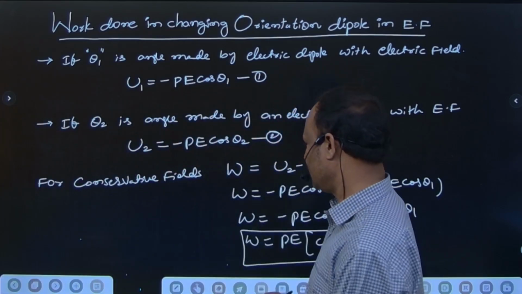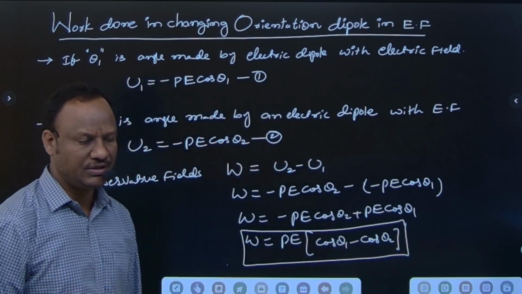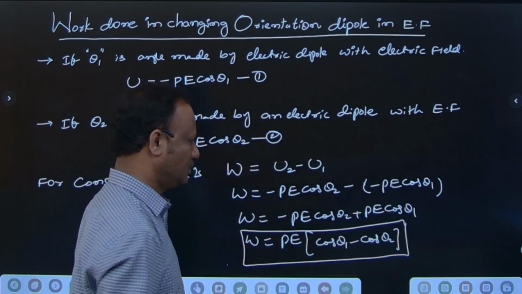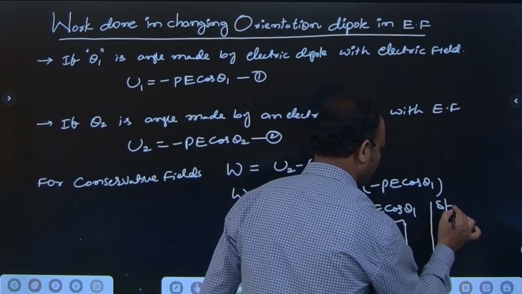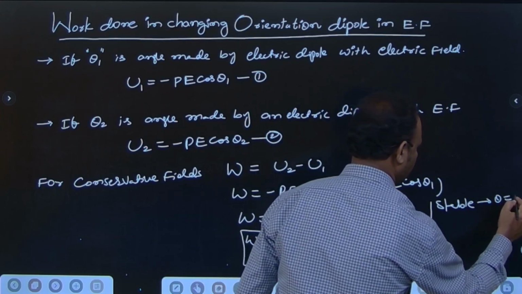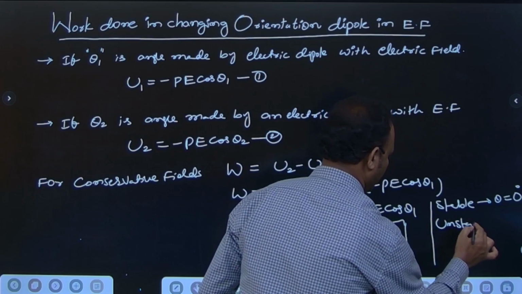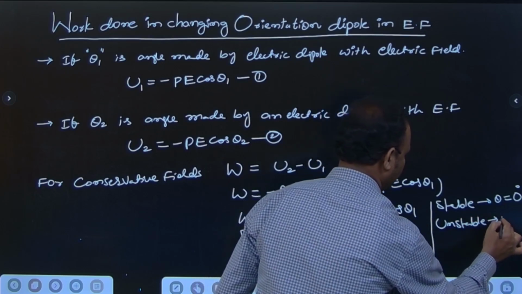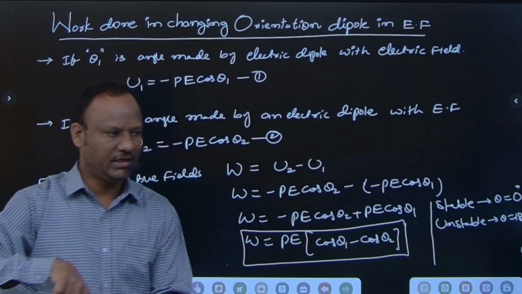One thing you need to remember: when an electric dipole is in a uniform electric field, in the stable position, theta is equal to 0. For the unstable condition, theta is equal to 180 degrees, completely rotated.